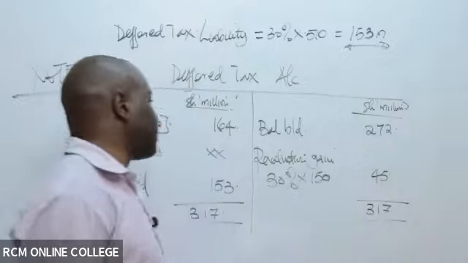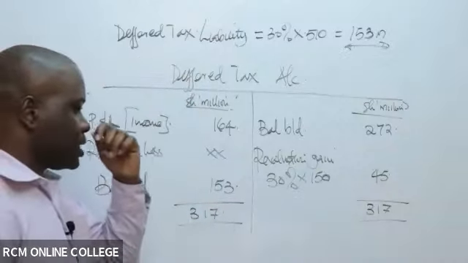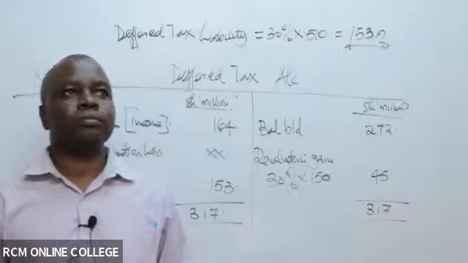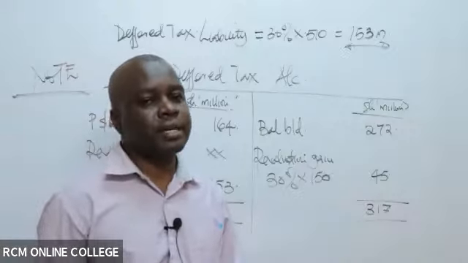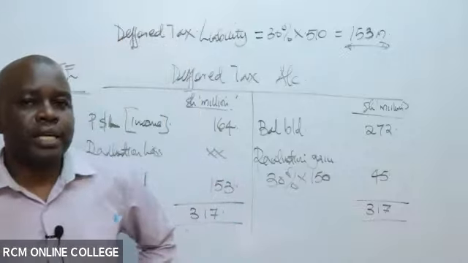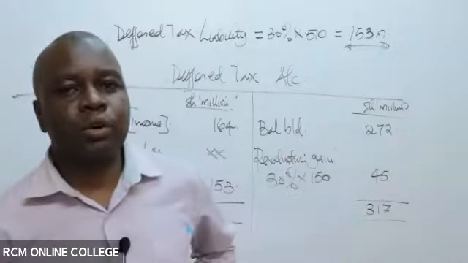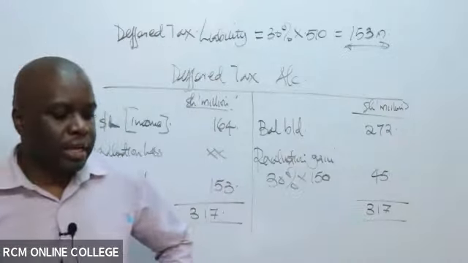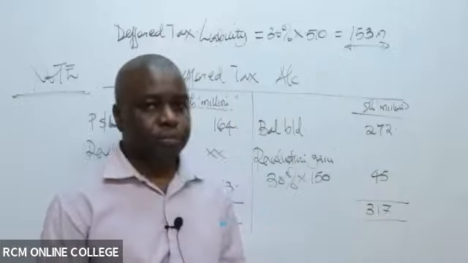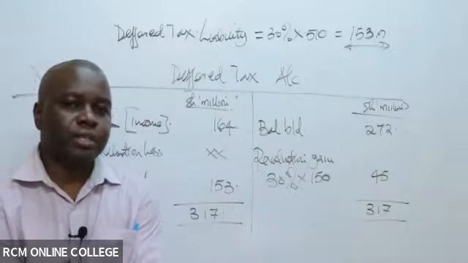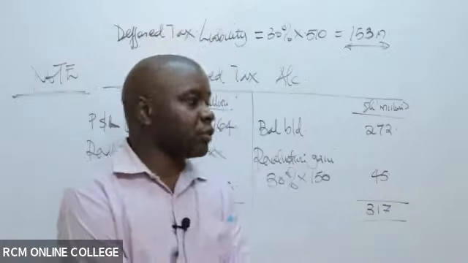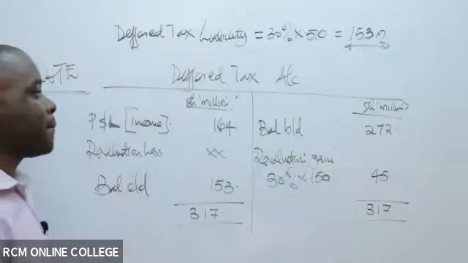It will come this side, will be debited in the deferred tax account with the deferred tax on the loss. So that is basically how you'll be able to treat any revaluation gain or loss you come across.